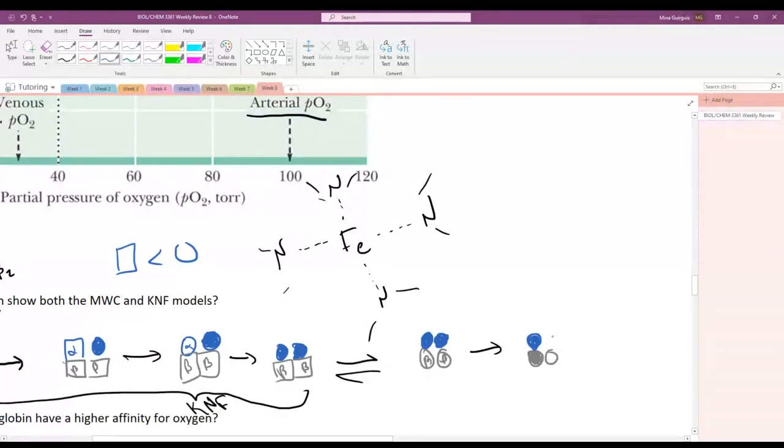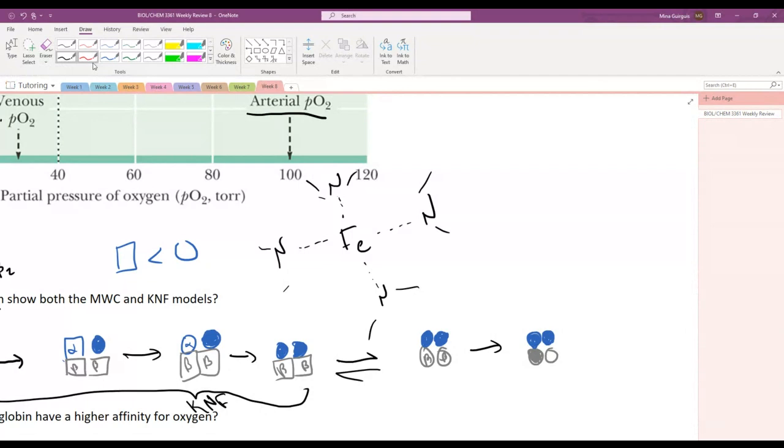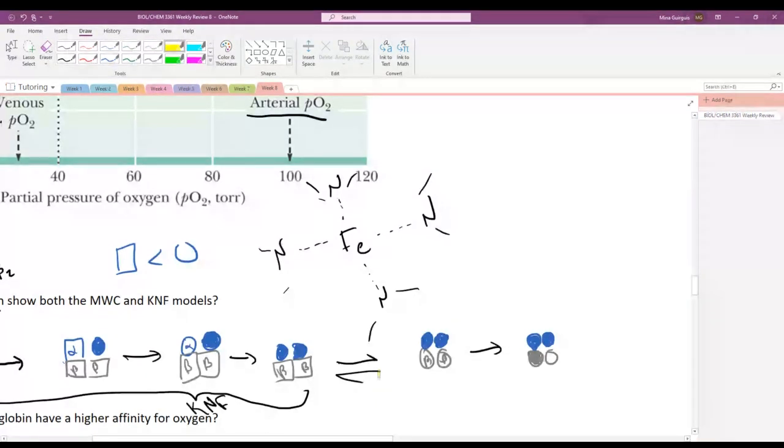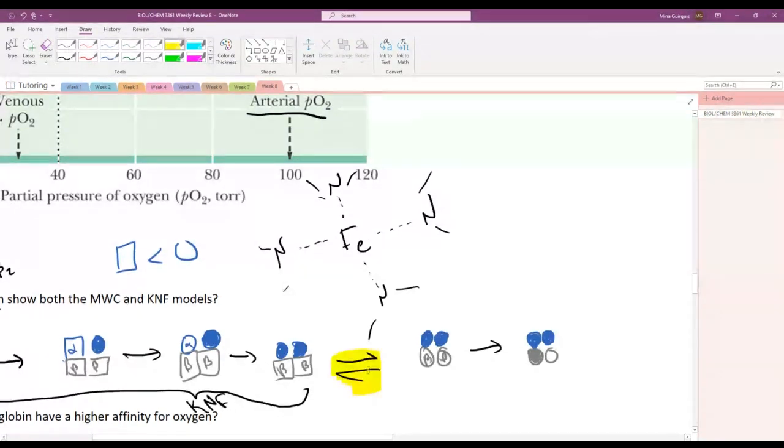Now, coming back to this idea of that conformational change, I drew a double arrow here. The reason that I drew a double arrow here is because this is basically the MWC model.